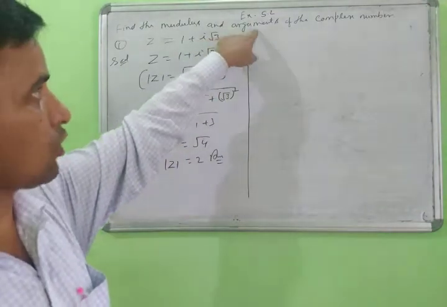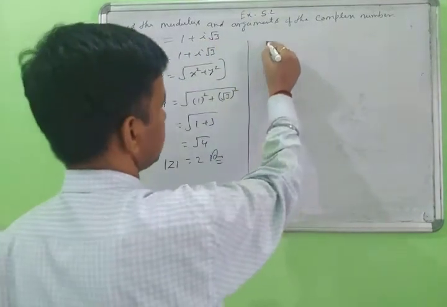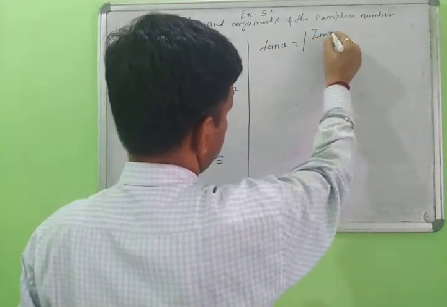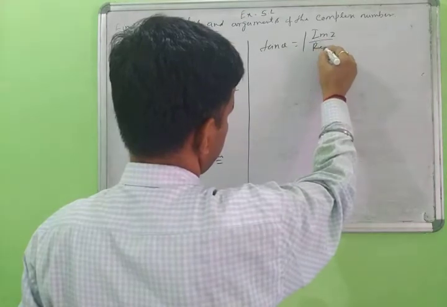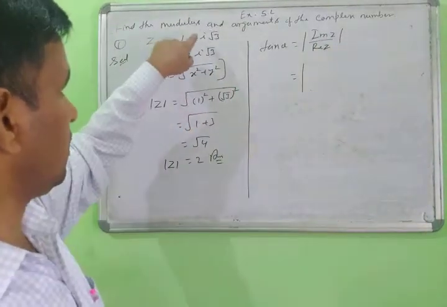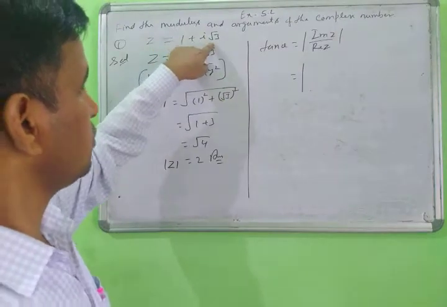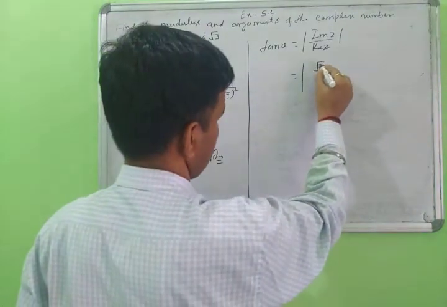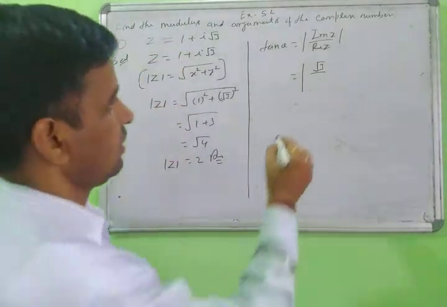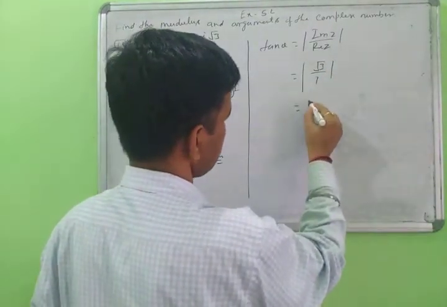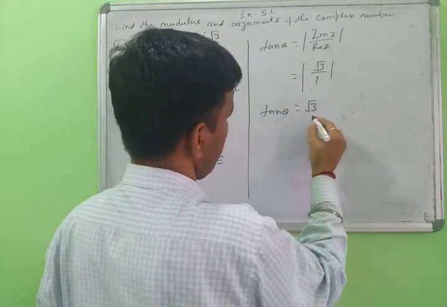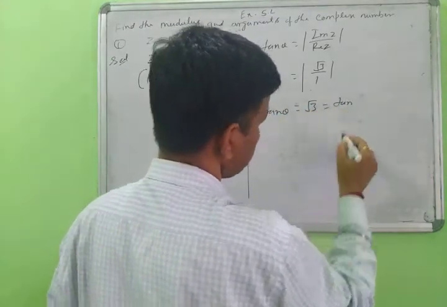Second thing, the argument of z. First we find tan theta equal to imaginary part of z upon real part of z. The imaginary part is root 3 and the real part is 1, so tan theta is root 3.